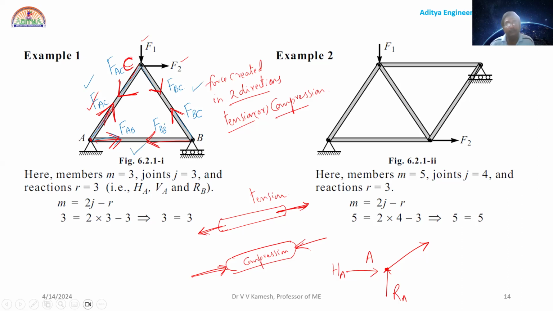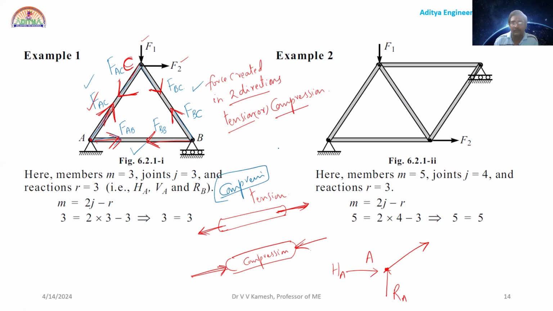But remember one thing, always compression will not be there. There may be a tension created in AC or BC or AB. Then how can I know it? In my consideration, I am taking compression. I am thinking it is compression.